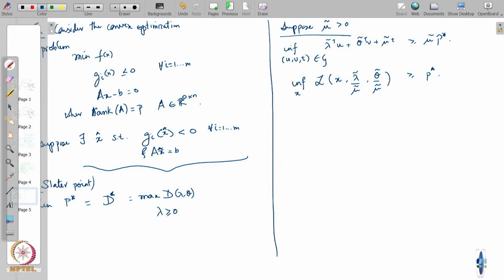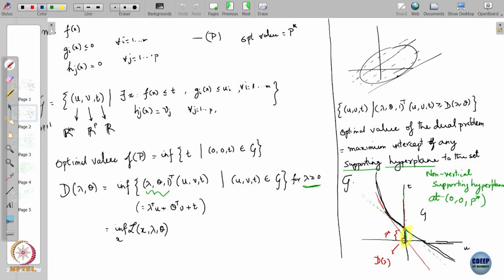And what is this infimum? How did I get this? This is because of what we just wrote here: the dual function is actually equal to the infimum of a linear function when lambda is greater than or equal to 0 and this coefficient here is 1.